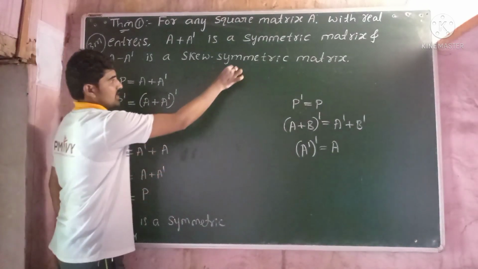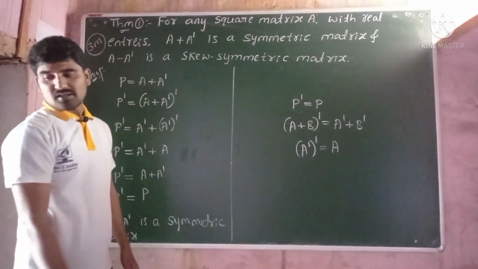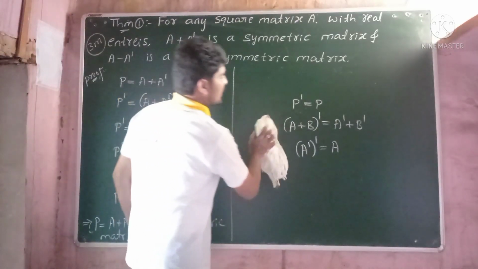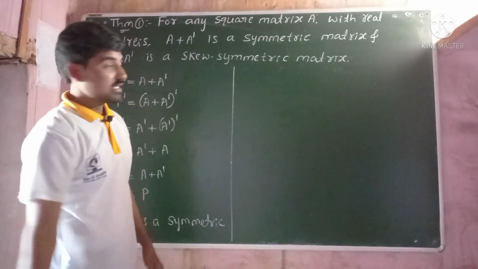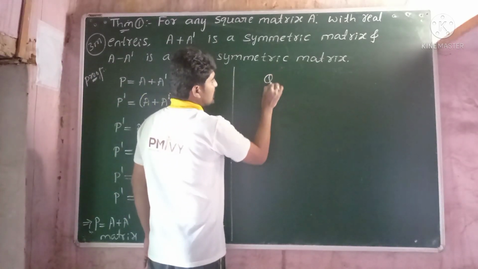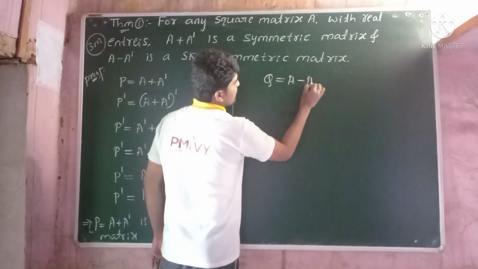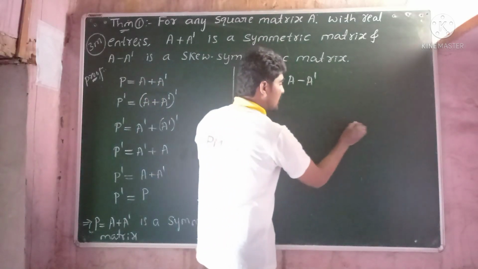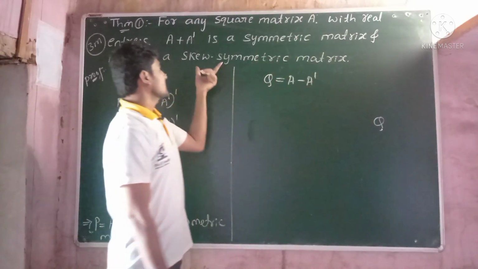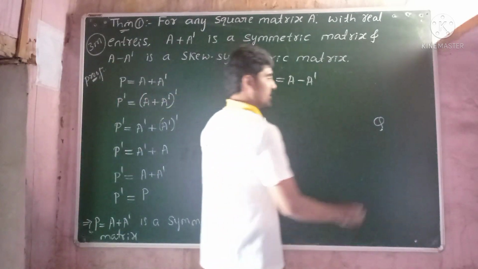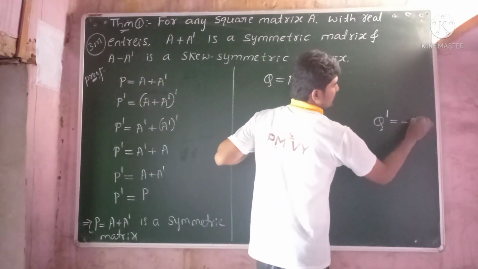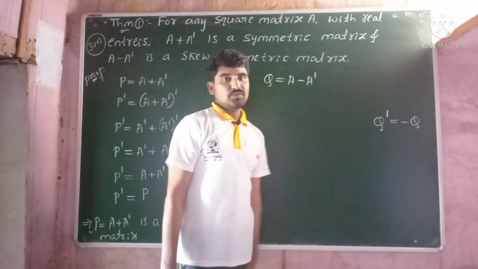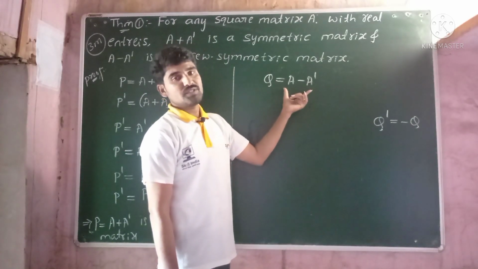I hope all of you understand it. Now, the second part of the theorem: we need to prove A minus A dash is a skew symmetric matrix. So for that, let us define Q is equals to A minus A dash. We know that any square matrix Q is said to be a skew symmetric matrix if Q dash is equals to minus Q. Therefore, we need to prove Q dash is equals to minus Q to prove A minus A dash is a skew symmetric matrix.